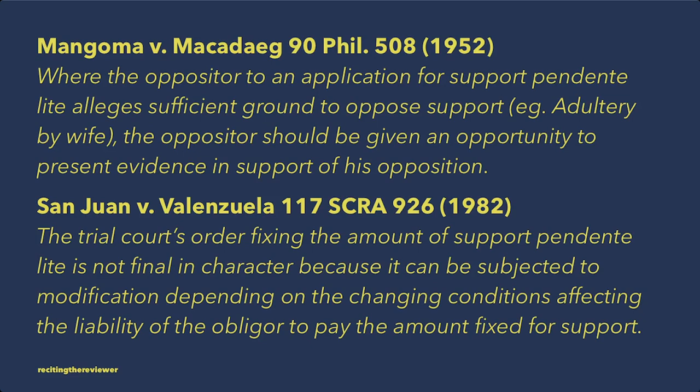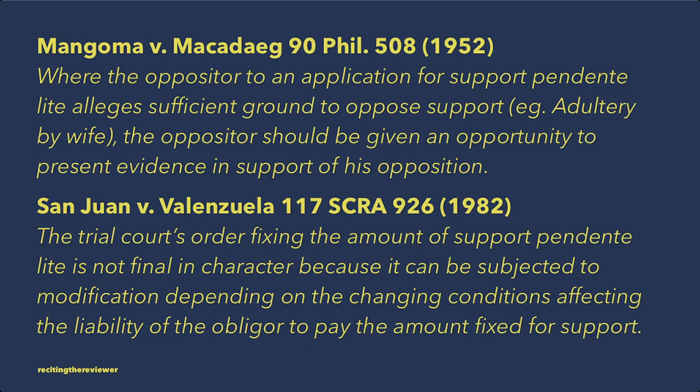In San Juan versus Valenzuela, 117 SCRA 926 in 1982, the trial court's order fixing the amount of support pendente lite is not final in character because it can be subjected to modification depending on the changing conditions affecting the liability of the obligor to pay the amount fixed for support.